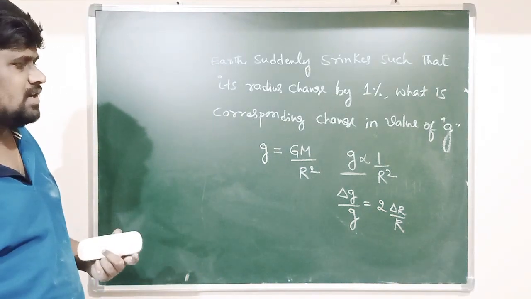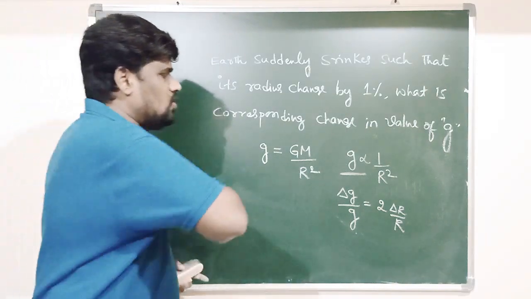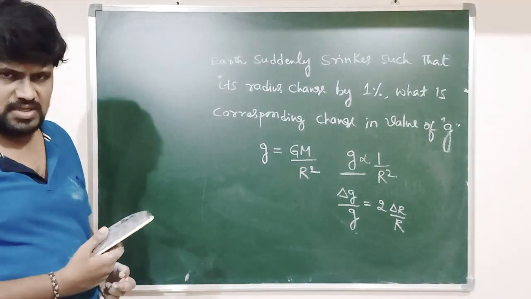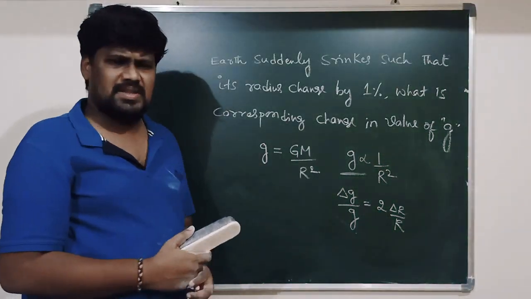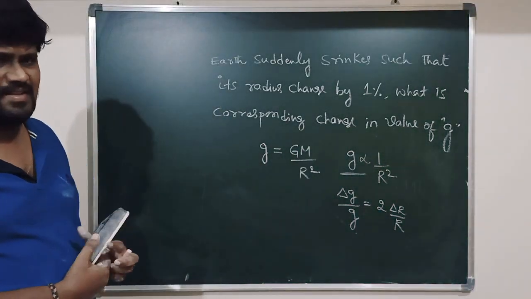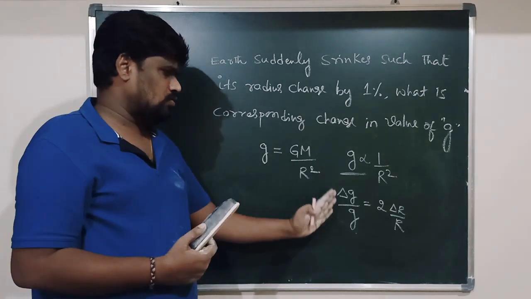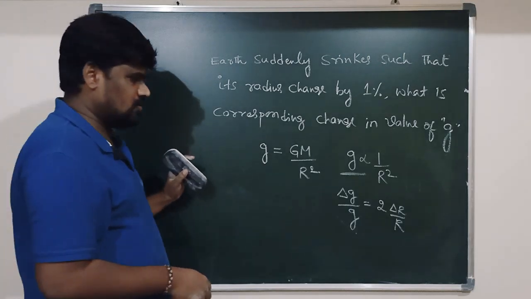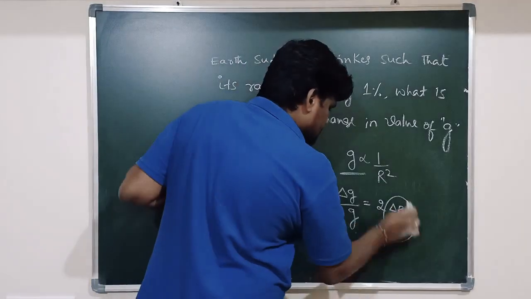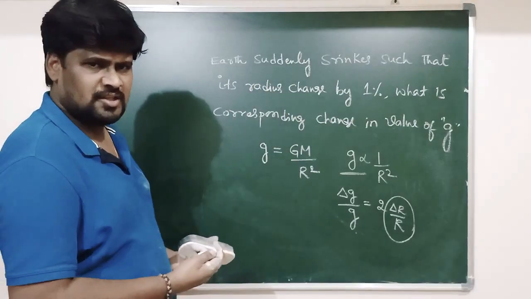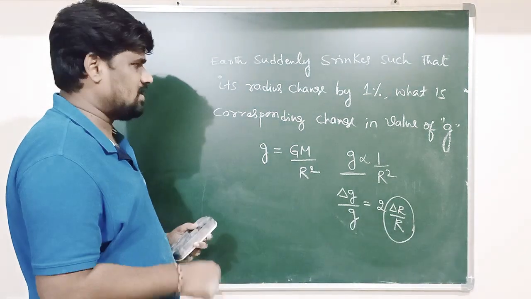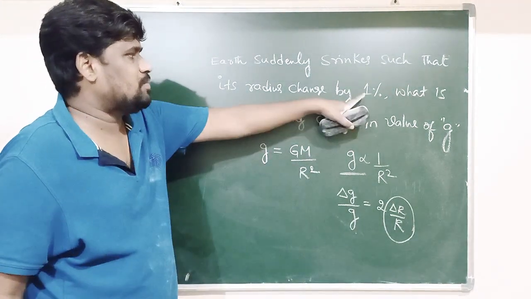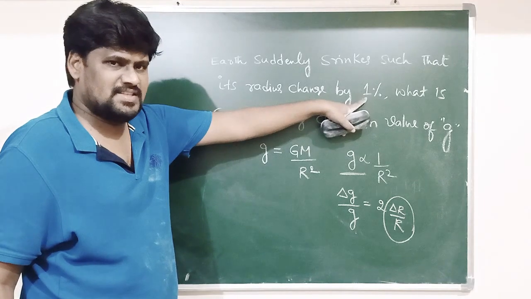To get percentage change we multiply both sides by 100, the 100s cancel, and we get the same formula. The same formula is used for fractional change as well as percentage change. Here we take delta r by r as the percentage change in the radius, which is 1%.